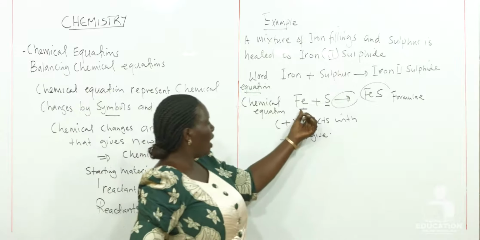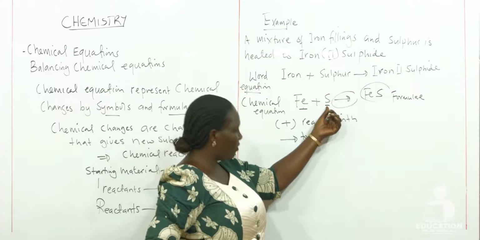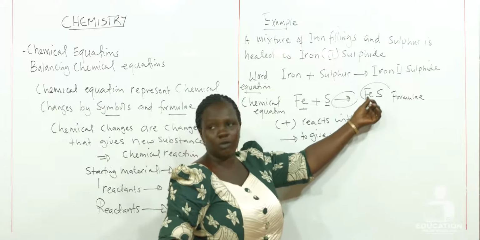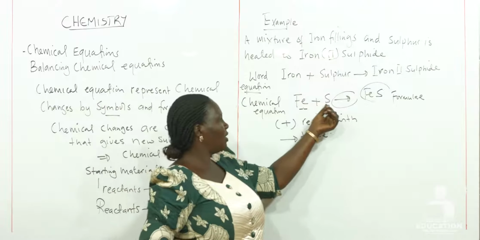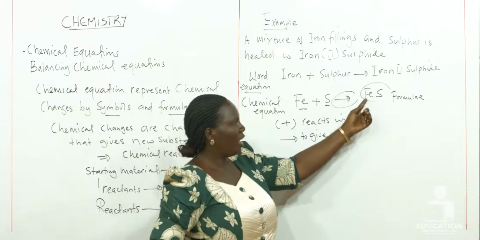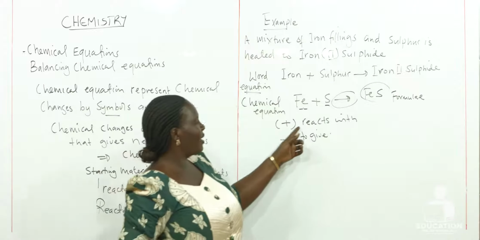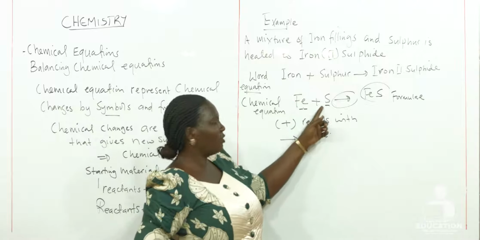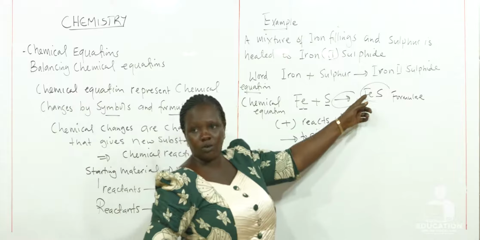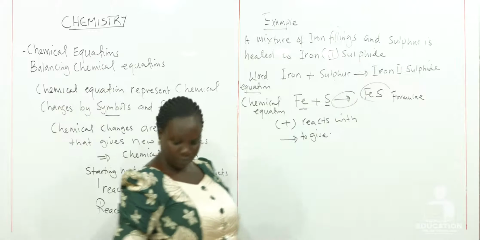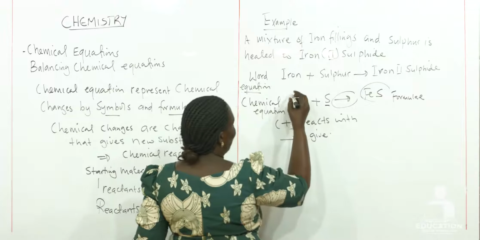So iron reacts with sulfur to give iron 2 sulfide. The plus sign is telling us reacts with, and the arrow is telling us to give iron 2 sulfide. So the whole thing is represented in the form of an equation.